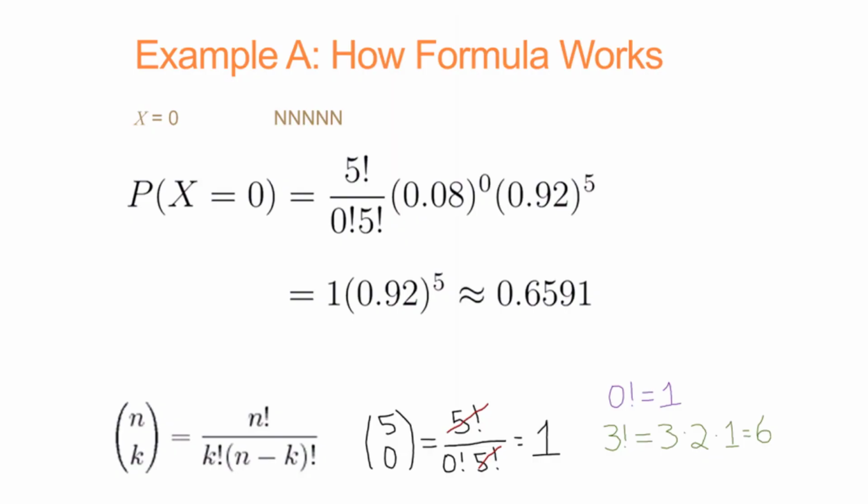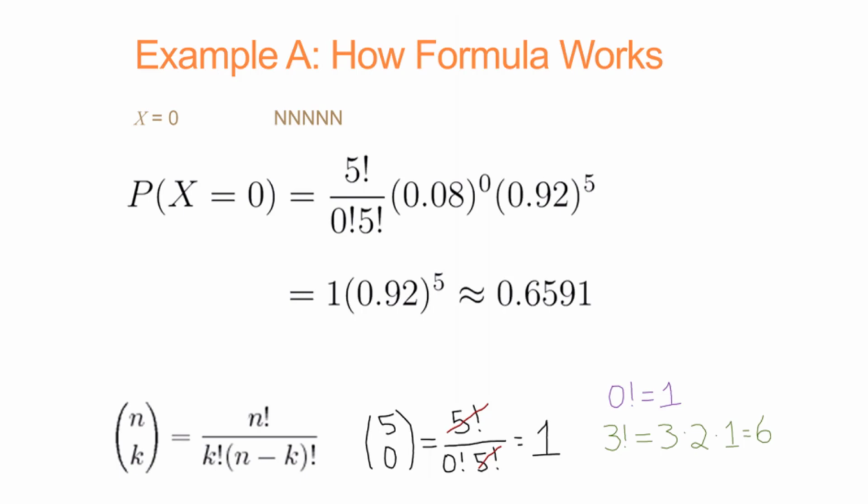For P of x equal to 0, we substitute 0 for k, 5 for n, 0.08 for p, and 0.92 for q. To calculate 5 choose 0, we have 5 factorial divided by the product of 0 factorial and 5 factorial. We need to be careful. 0 factorial is defined to be 1. All other values are the product of all integers that are smaller.